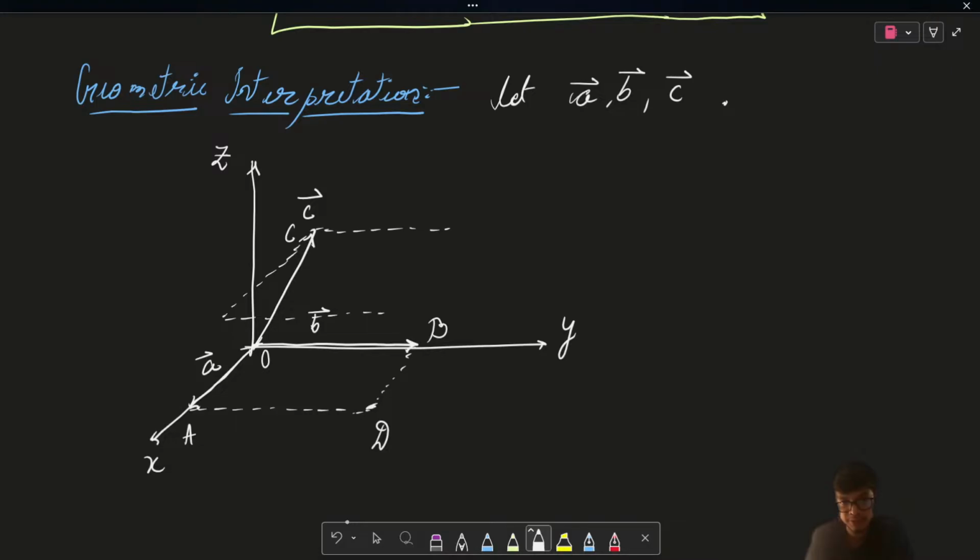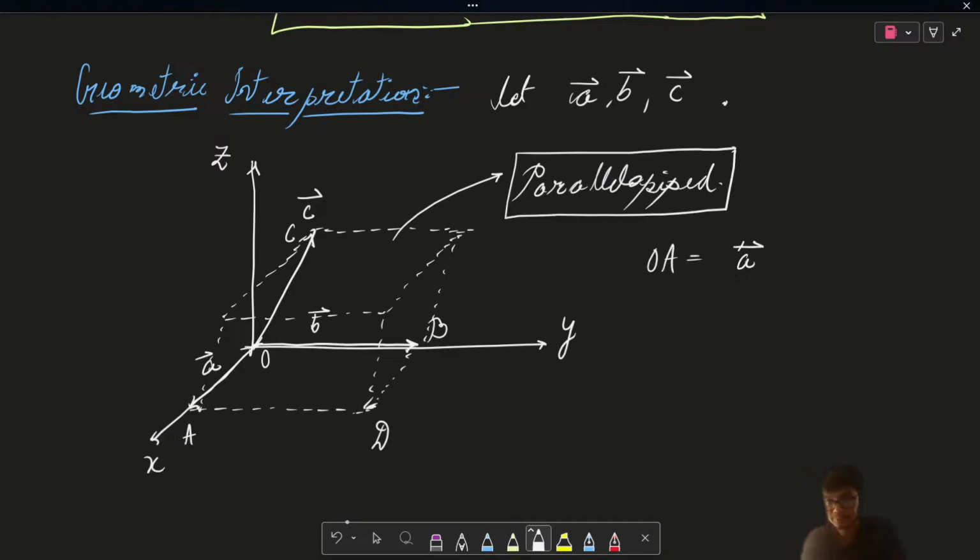What you notice is that we are finishing a 3D figure by means of these dotted lines. This particular figure is a parallelepiped. My OB is denoted by B vector and my OC is denoted by C vector.